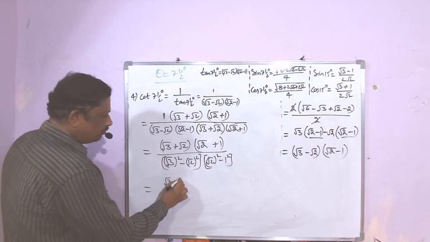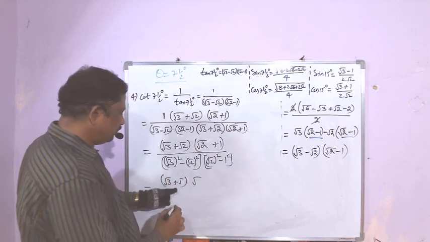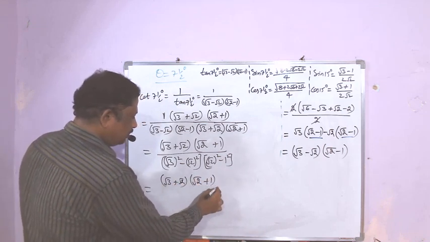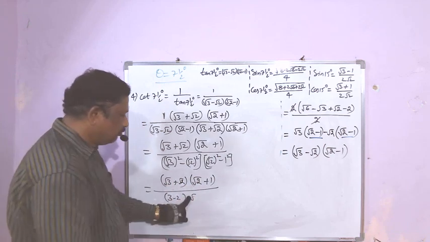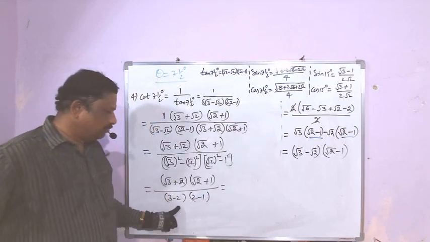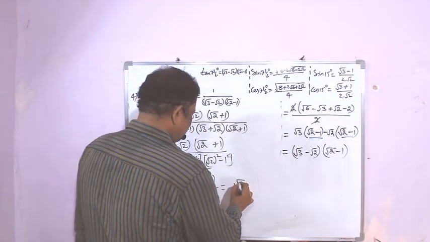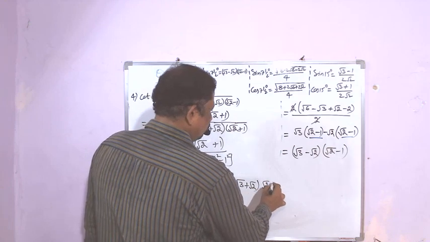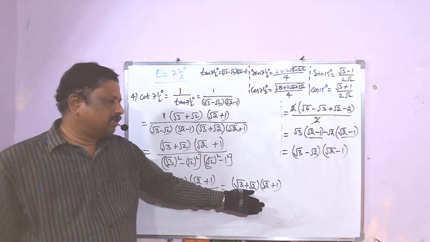Root 3 plus root 2 into root 2 plus 1 divided by 3 minus 2 into 2 minus 1. 3 minus 2, 1. 2 minus 1, 1 will get. So finally what you get? Root 3 plus root 2 into root 2 plus 1. This is 1, this is 1. 1 into 1, 1. Same thing you get.